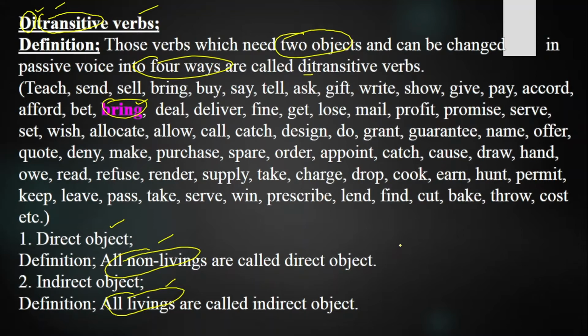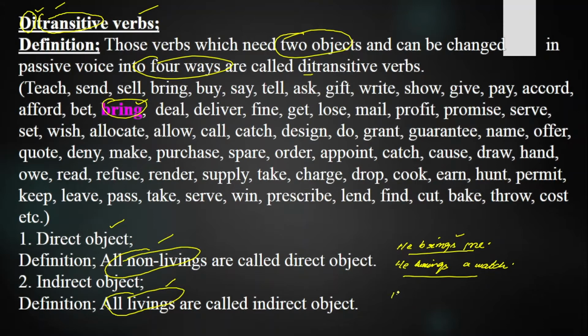For example, I say he brings me. Now how can he bring me? I'm not an instrument or any sort of thing that he will bring. The sense is not clear. If I say he brings a watch, again a question arises: for whom does he bring a watch?